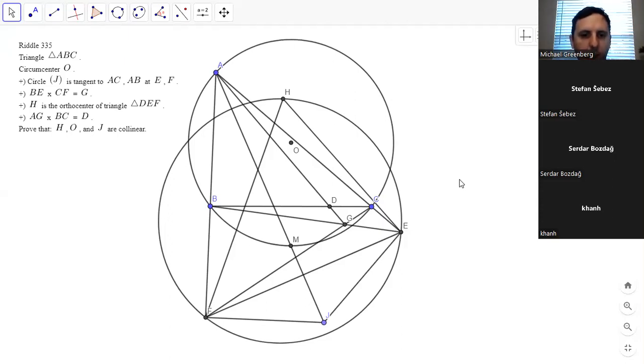Yeah, this is an interesting one. There's a lot of flexibility because J can be wherever it wants on the angle bisector. Maybe Pappus's theorem might help.